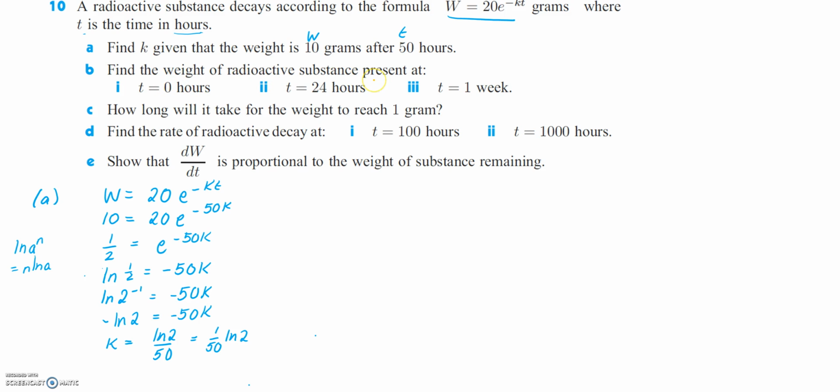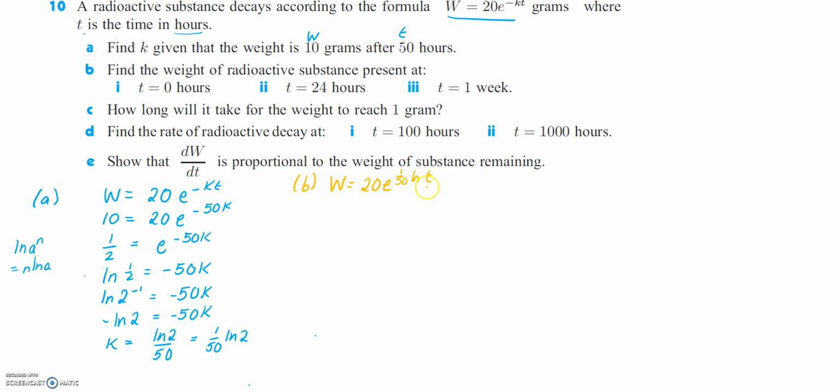Find the weight of radioactive substance at t hours. So we now have that our formula is w equals 20 e to the minus 1/50th ln 2 times t.